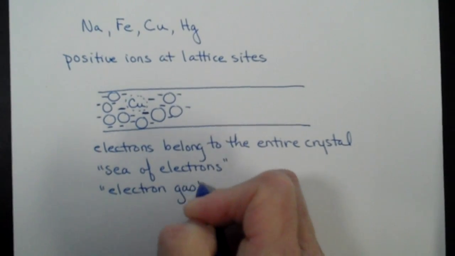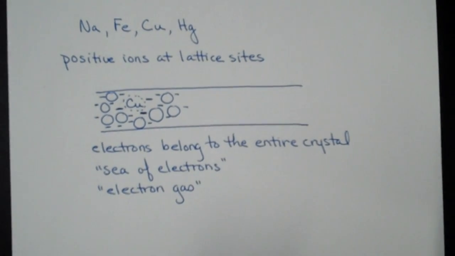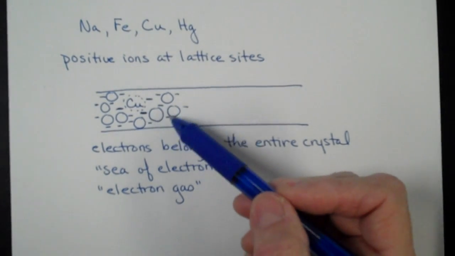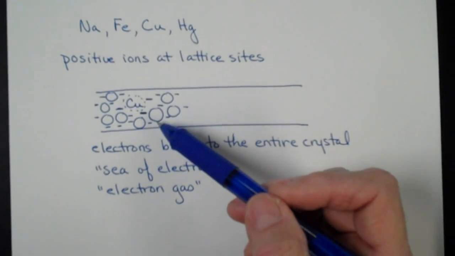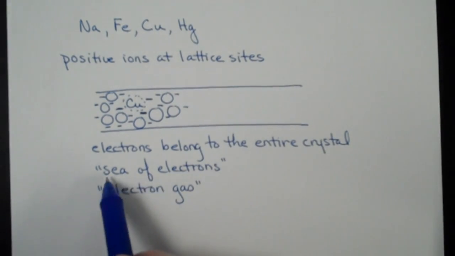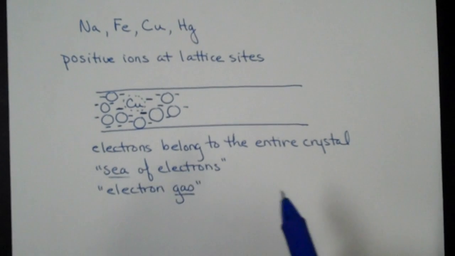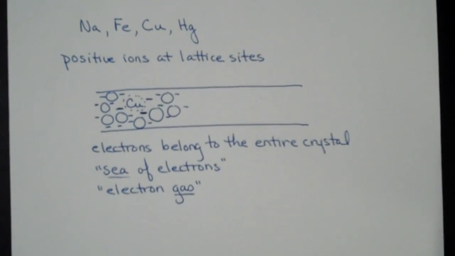But the description is trying to get you to the same point of view, that these electrons are capable of movement, a sea of electrons, a gas of electrons. These have lots of motion to them.